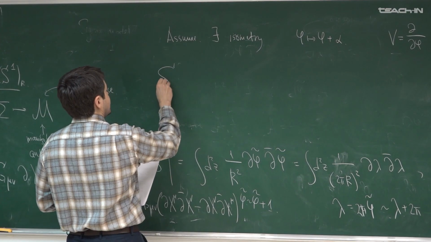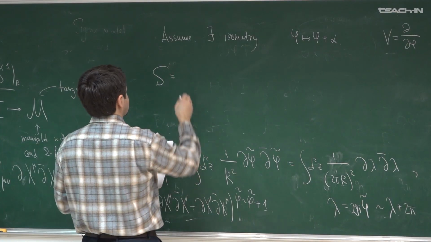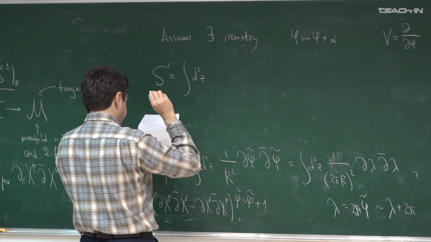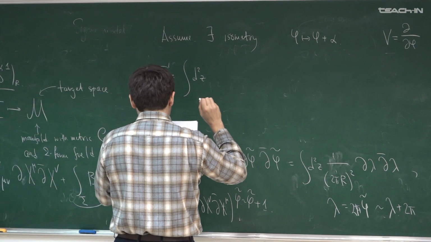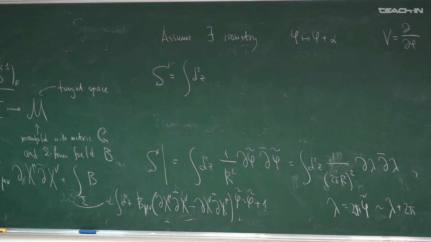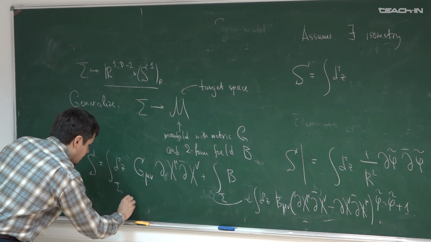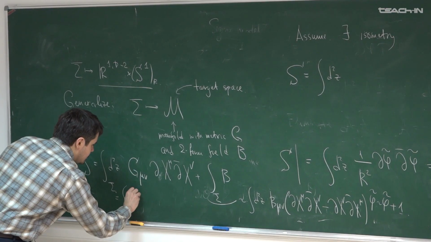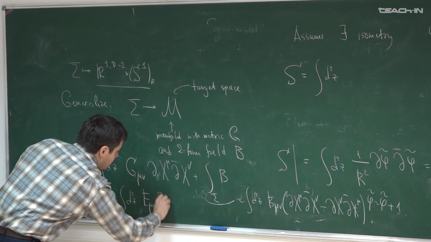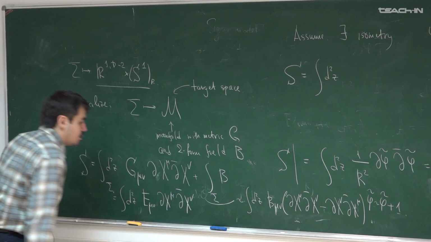So that means that the action, well, you can prove it, that in this case, the metric can be written as, and by the way, before I write the metric, I should say that once you introduce the B field, basically all you have to do is to say that this action can be written as ∫d²z E_μν ∂X^μ ∂̄X^ν.